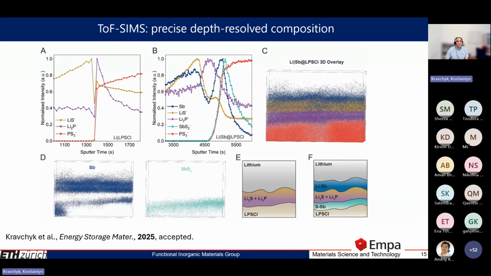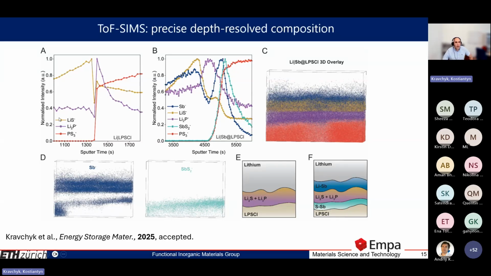This method can be used to characterize interfaces. Here you see just an example of research which we did on the interface between lithium metal and LPSCl with interfacial layer and without, so with an antimony interfacial layer and without interfacial layer.